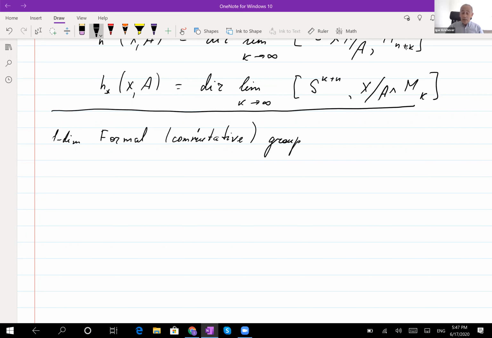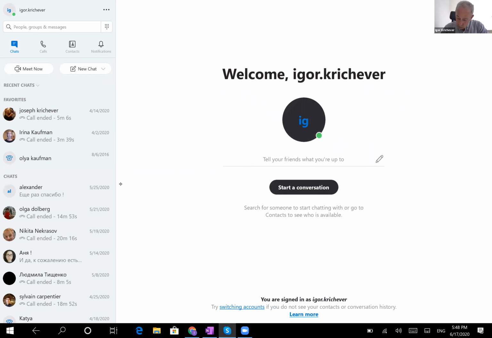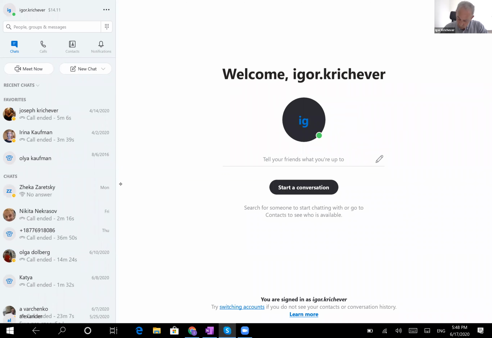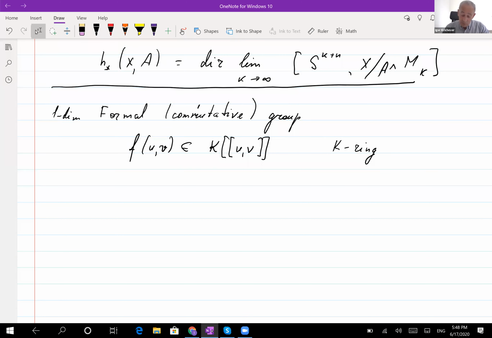So the notion of a formal group is very simple. It's a series in two variables. K is a ring, and we take a formal series in two variables with coefficients from some ring. And this formal group law should satisfy certain properties.